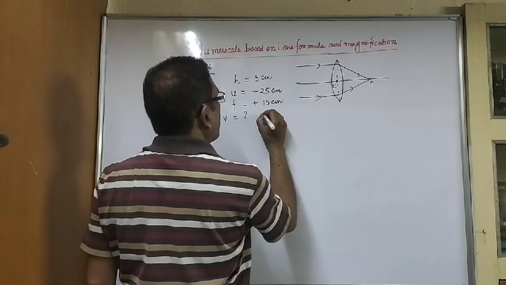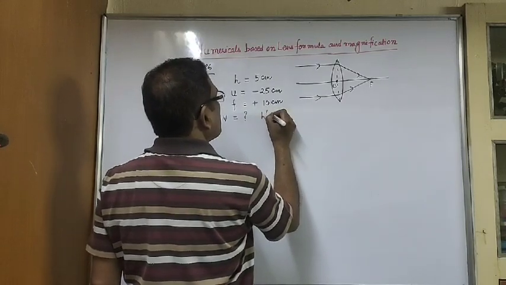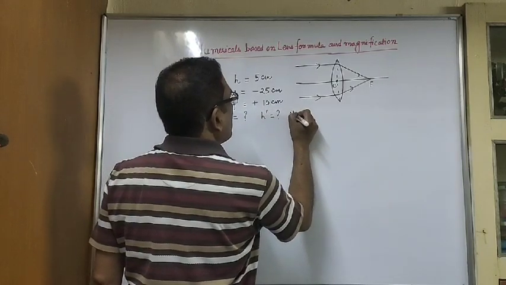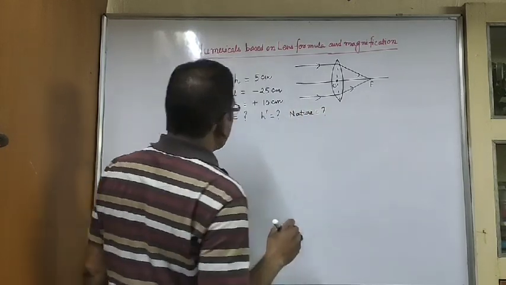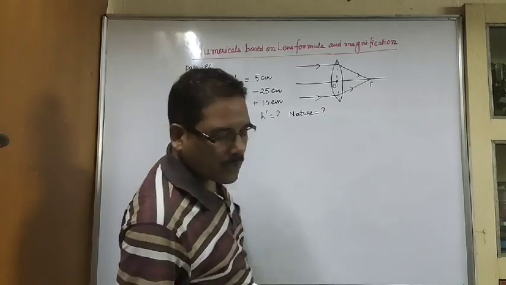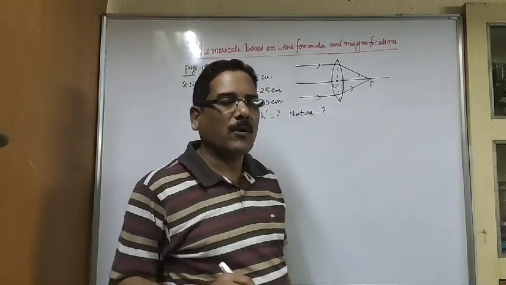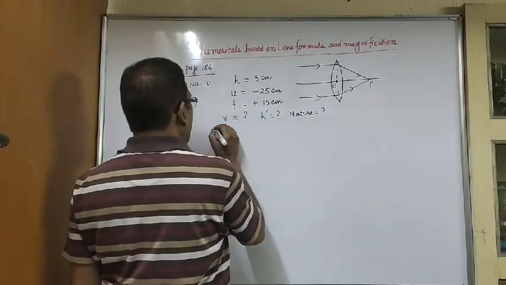Size, so we will calculate h dash, and then nature. So first we will use the lens formula to calculate v.